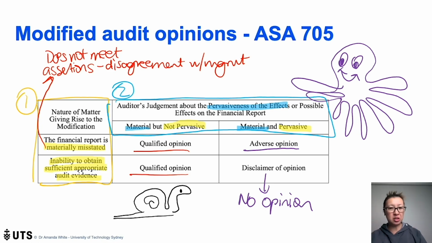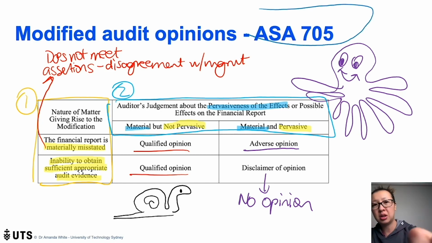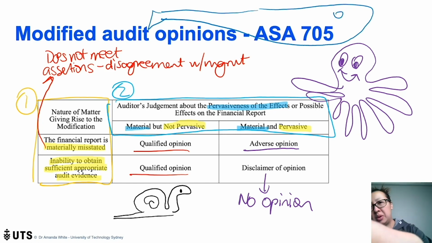Now, the other instance in which we might have a pervasive issue, I'm going to sort of draw over my slides here, is a really big whale. Imagine the blue whale.